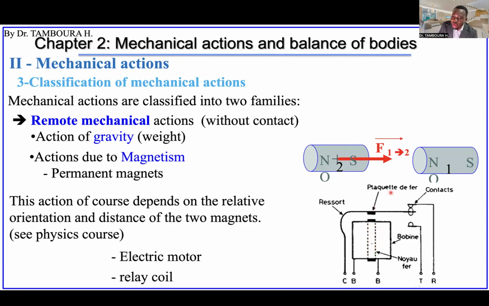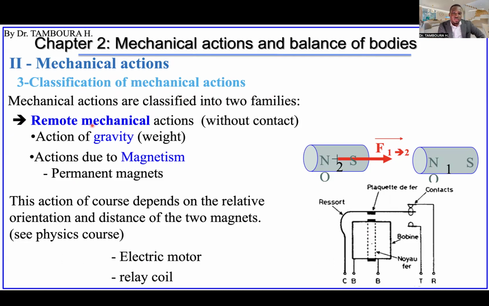And you have here an iron plate, and there is mechanical action using magnetism again. So for remote mechanical action, we have two examples: action of gravity and action due to magnetism. This is the first type of classification, because here we are classifying mechanical actions.